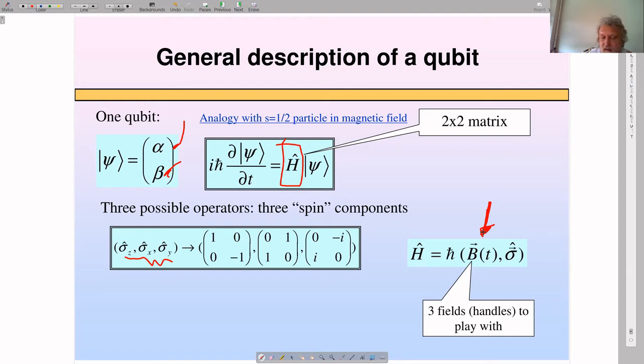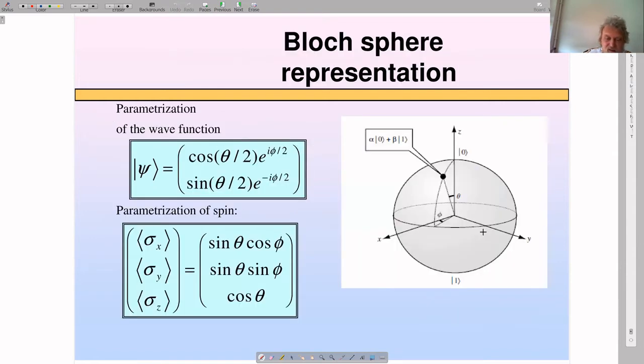It's also important that we can change these handles, these controls, in time to manipulate the qubits. Let me describe a convenient representation of a qubit state. Let me get a convenient form for this alpha and beta.